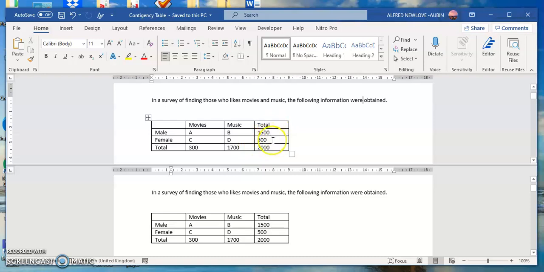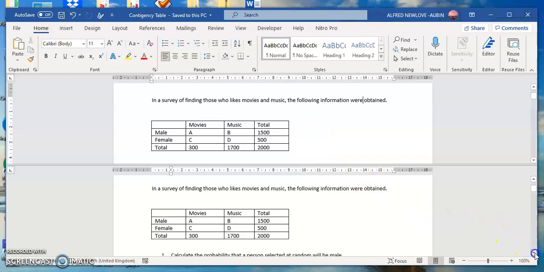The totals have been given: the totals for movies, the totals for music, and the grand total. So if you add 1,500 and 500, you should get 2,000, or you can also add this side, 300 plus 1,700. Now we are going to use this table to answer the questions below.